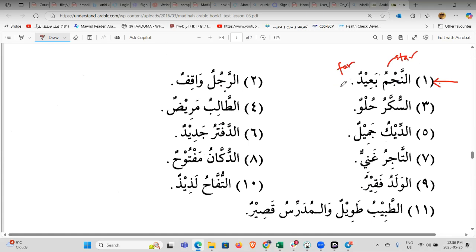So in the Quran, وترونه بعيدا ونراه قريبا. You see it as far away, the day of Qiyamah, but we see it as close. ترونه بعيدا ونراه قريبا.